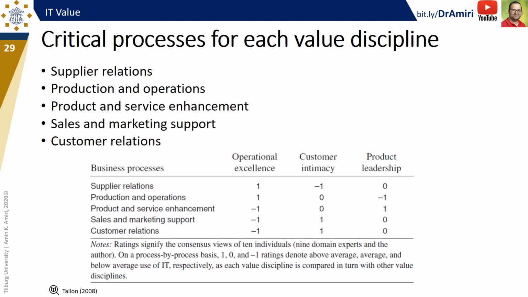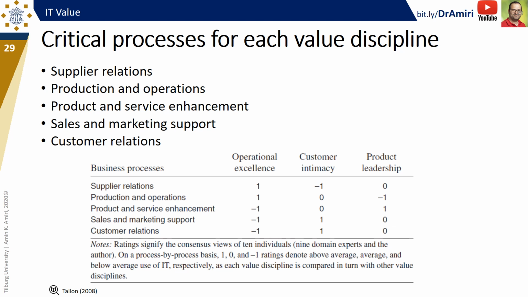So each value discipline has its own critical processes. We have around five important processes in an organization: supplier relations, production and operations, product and service enhancement, sales and marketing support, and customer relations. So for operational excellence, supplier relations and production and operations are important critical business processes.